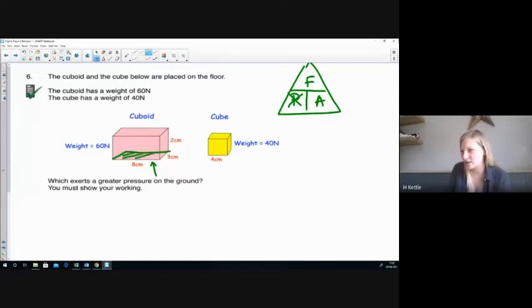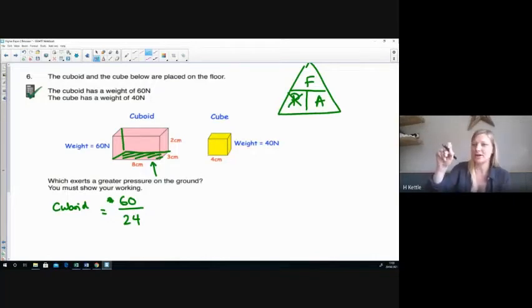Now if I wanted the area of this face underneath here, I'm just interested in that face there. So we can see that that face has an area of 8 times 3, so 24. So for the cuboid, I'm doing 60. That's my force divided by 24. And this is a non-calculator paper.